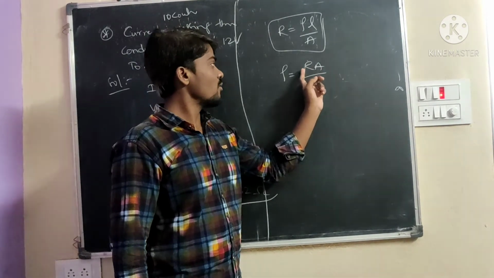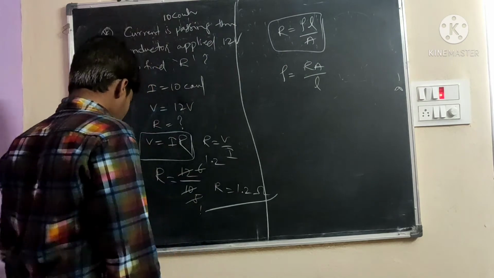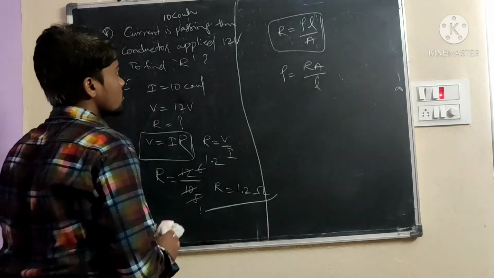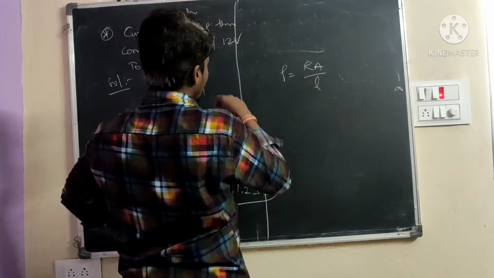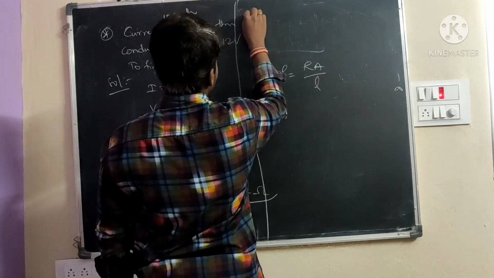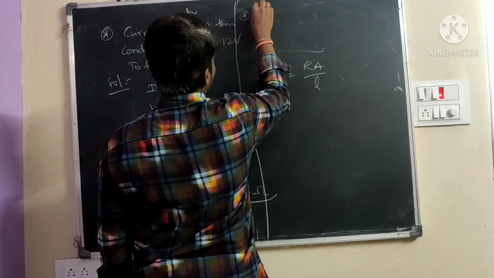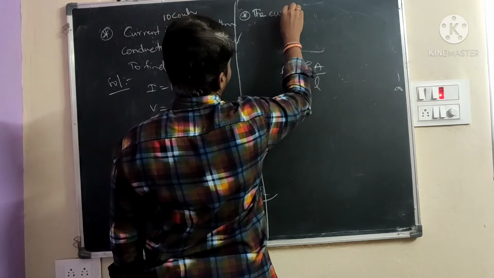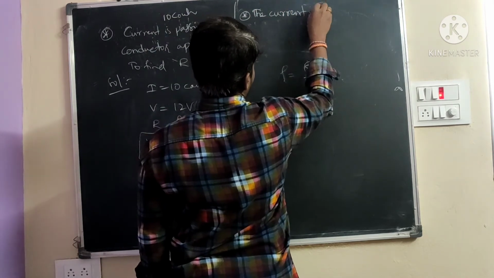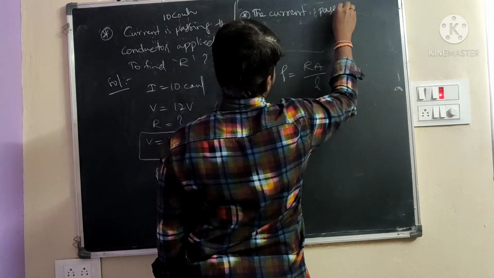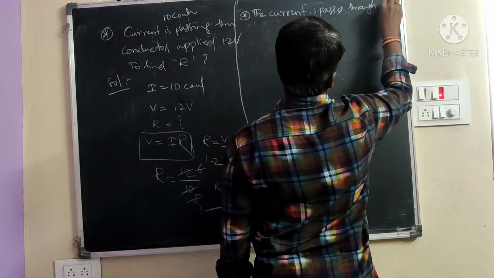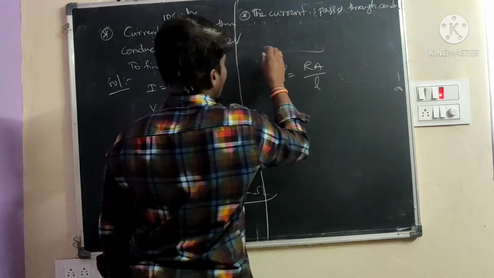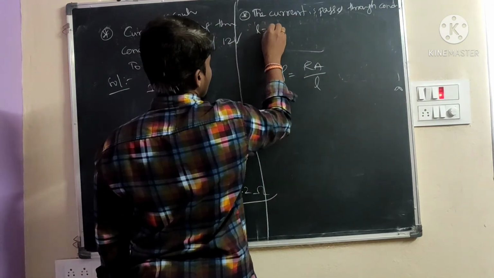For example, see one problem. The current is passing through a conductor of length L equal to 5 meters.